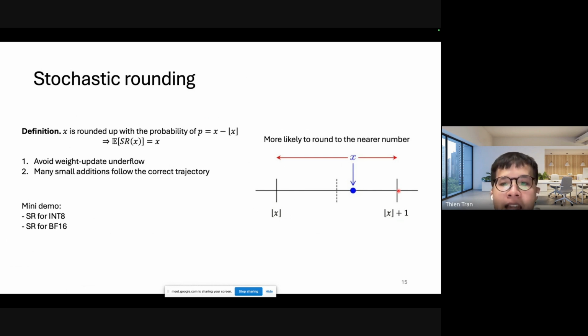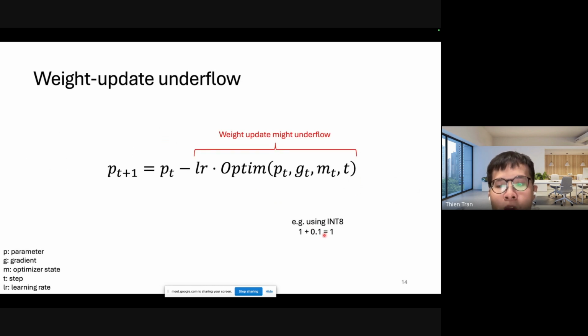The idea is that if we do this randomly, the expected value will be equal to the actual value itself. So even if we have, for example, 1 plus 0.1, it means that 10% of the time we will round up to 2, and 90% of the time we will round down to 1.